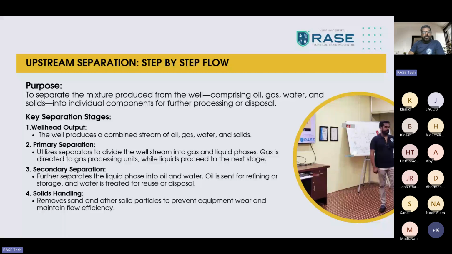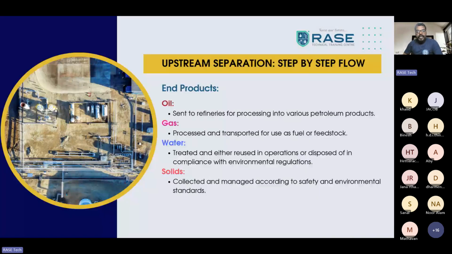So the purpose of upstream separation. Now you can see the end products. After your upstream separation, what are the end products, your output? Oil, gas, water, solids. Oil is sent to the refinery for processing into various petroleum products.